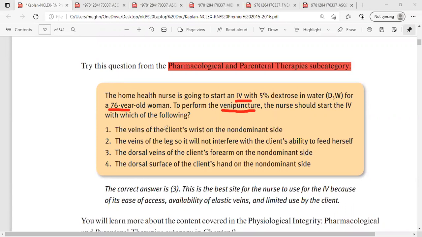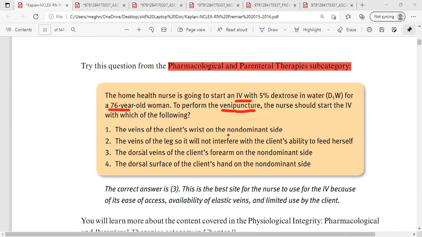Number one, the veins of the client's wrist on the non-dominant side, let's say, and the veins of the leg, so it will not interfere with the client's ability to feed herself. The dorsal vein of the client's forearm on a non-dominant side. And also the dorsal surface of the client's hand on the non-dominant side.